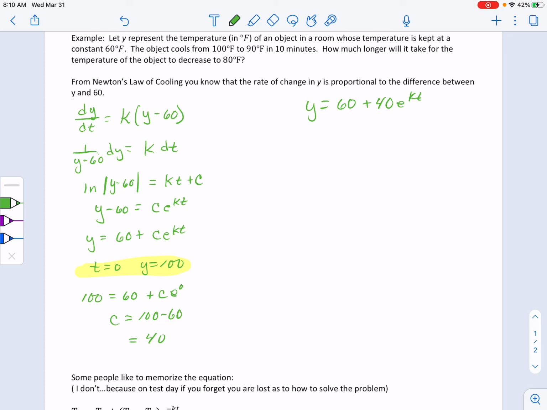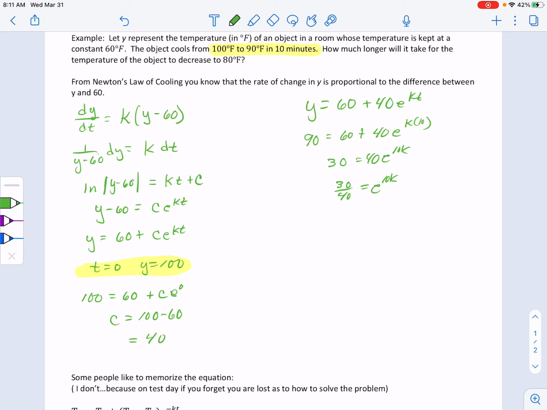And now I'm going to use this information to find k. So you end up with 90 equals 60 plus 40 e to the k times 10. You subtract 60 and you get 30. Divide by 40.